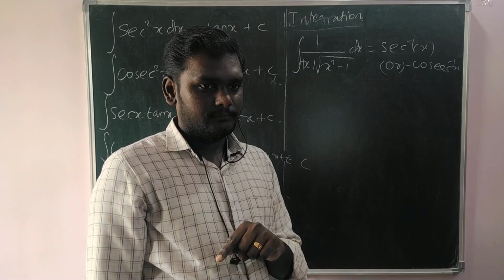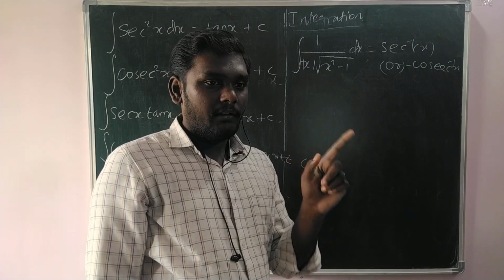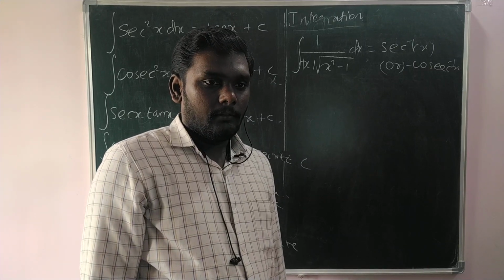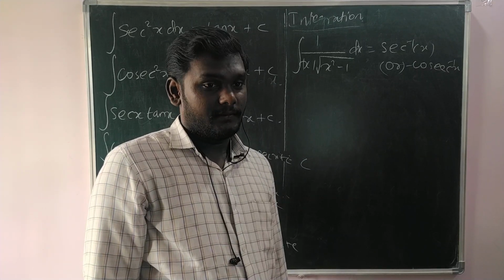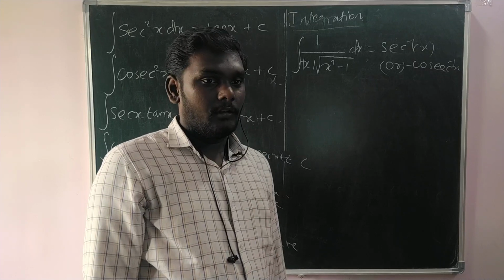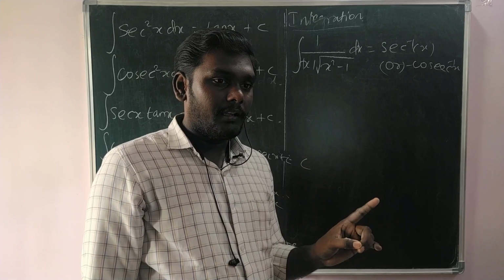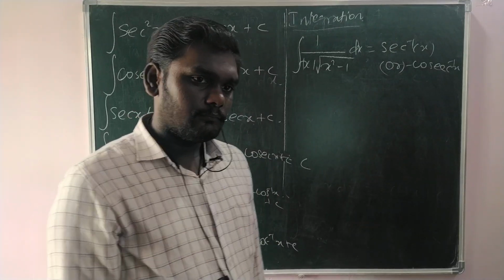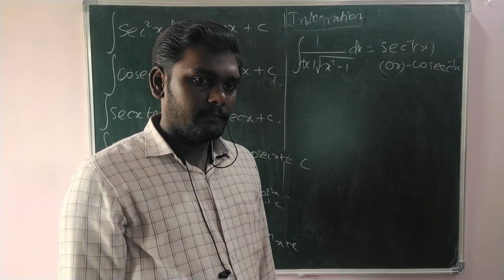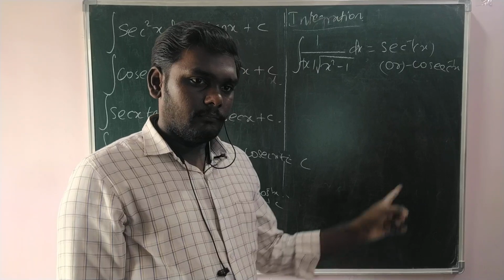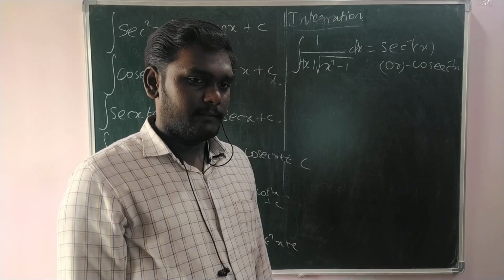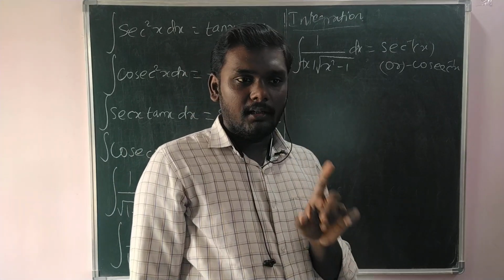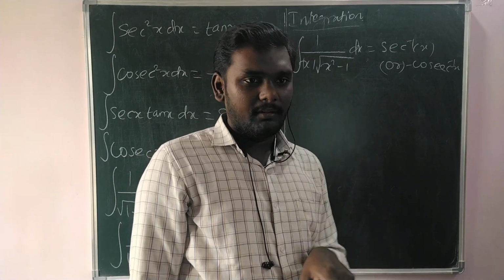Minus sin x. Derivative of cot x is what? Minus cosec square x. Derivative of cosec x is what? Minus cosec x cot x. Okay, likewise, in differentiation the question has the alphabet C.